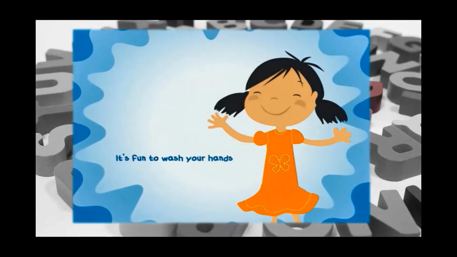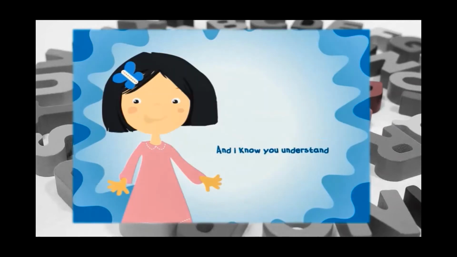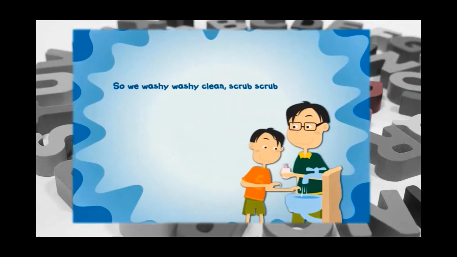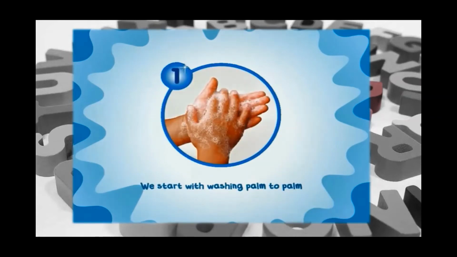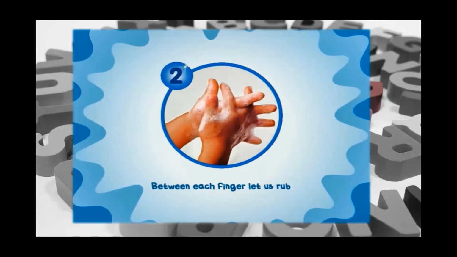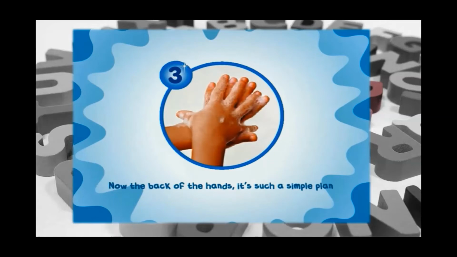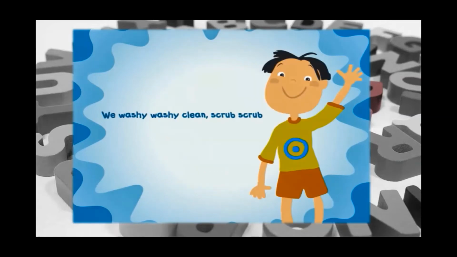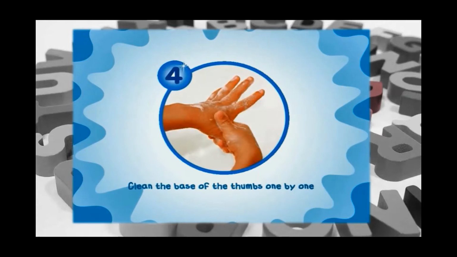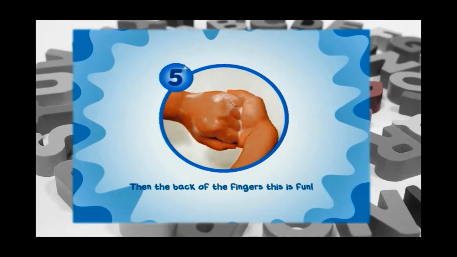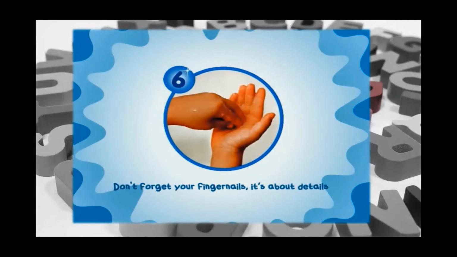It's fun to wash your hands, and I know you understand. So we washy, clean, scrub. We start with washing palm to palm. Between each finger, let us rub. Now the back of the hands is such a simple plan. Clean the base of the thumb one by one. Then the back of the fingers, this is fun. Don't forget your fingernails, it's about details.